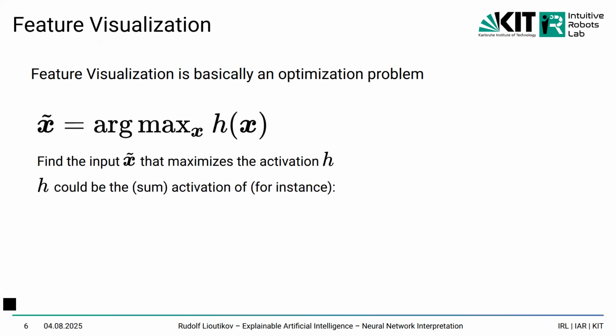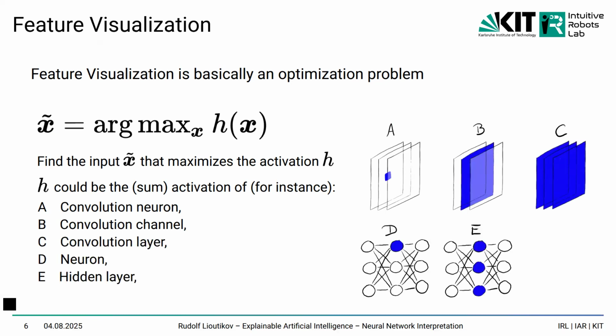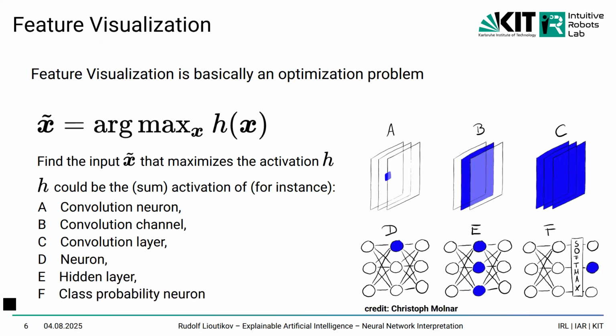And h could be different things: individual neurons, a whole channel, the whole layer, the whole hidden vector, or the output classification layer. It's up to us what we want to look at. But this is something that we want to maximize, and we want to find this x, the input, that maximizes that activation.